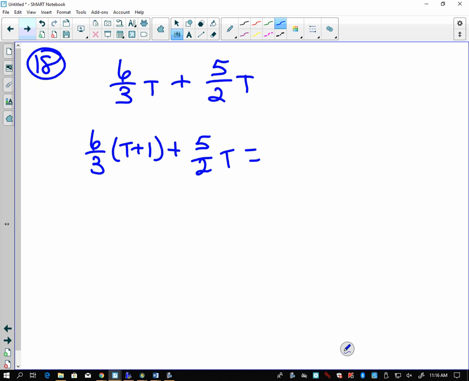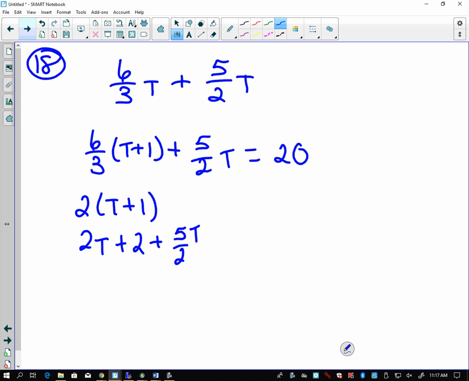We want to know how long it's going to take them to haul 20 loads. We can reduce 6 over 3 to 2. So we take 2 times t plus 1, which simplifies to 2t plus 2, plus 5t over 2 equals 20.